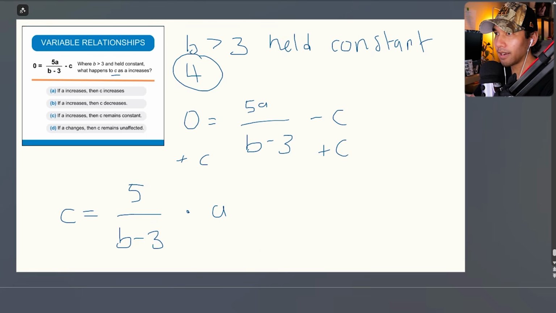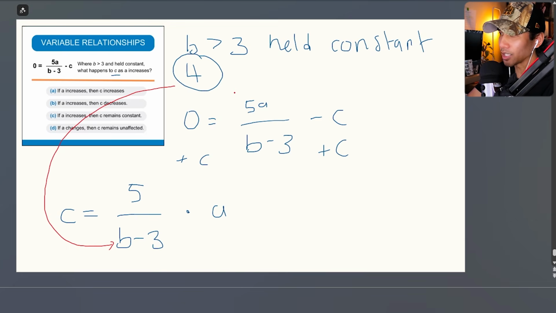Okay, so again, this 4, I'm going to replace it with B, because B could be any number greater than 3 as long as it's held constant. So let's just write it down.